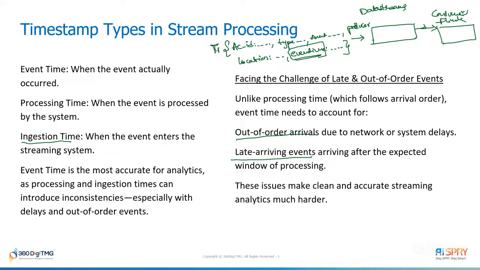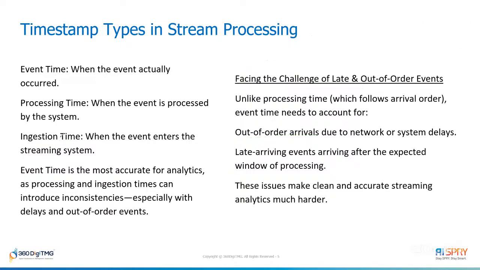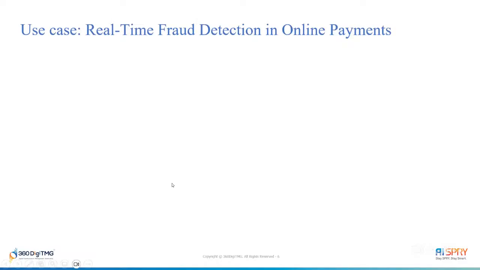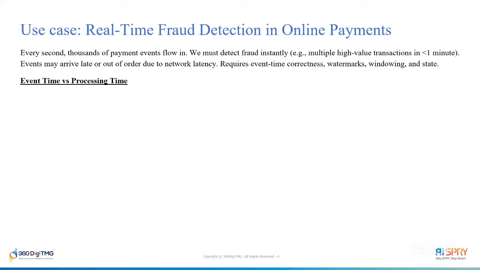So these are some issues in stream processing. Now we understood what is event time, processing time, and ingestion time. Now let us also discuss how Flink processes the data in real time. For this, we will take a use case, real-time fraud detection. Every second, thousands of payment events will flow in. And from different systems, this data will be coming in.